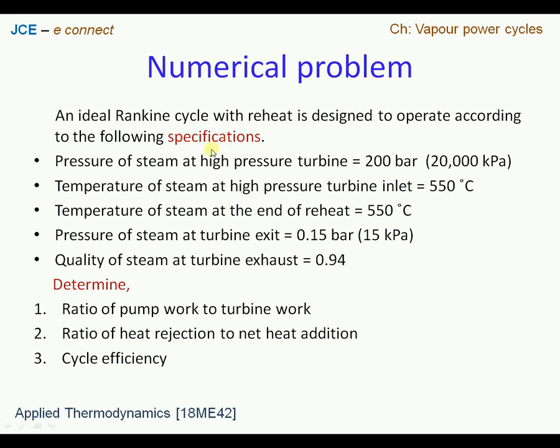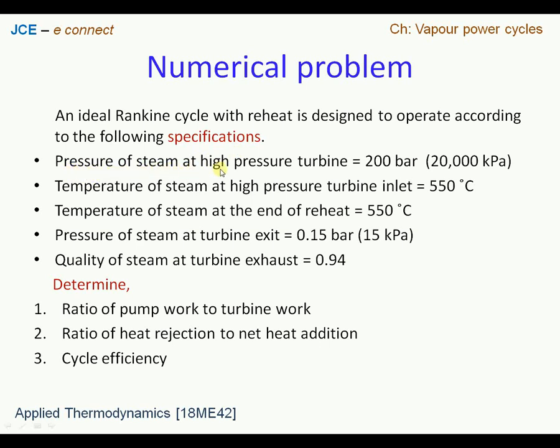So we have a problem here. An ideal Rankine cycle with reheat is designed to operate according to the following specifications. So we have an ideal Rankine cycle, and this ideal Rankine cycle is now modified to represent a reheat cycle, and it is operating with the below specifications.